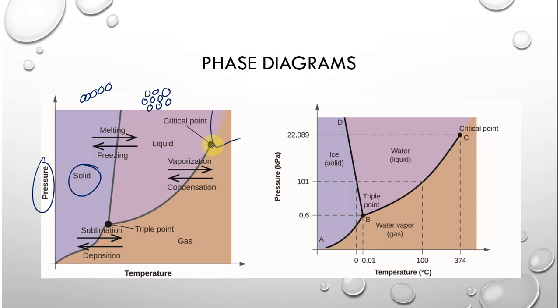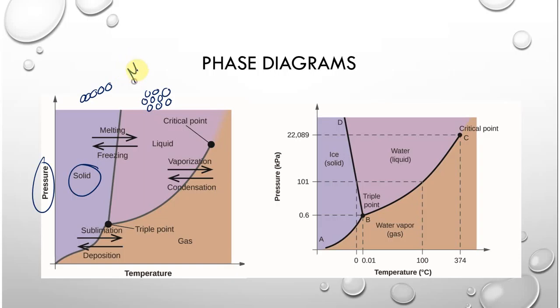But after the critical point, this phase line between a liquid and a solid, between a liquid and a gas, is kind of blurry, and you end up getting a supercritical fluid that has properties of both, as well as some charges within those molecules. Interesting to read about, possibly involved in a couple of your later classes, depending on where you're going.